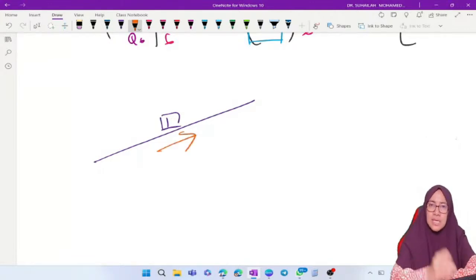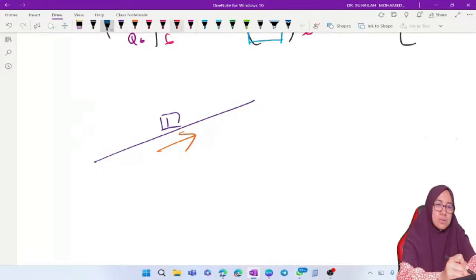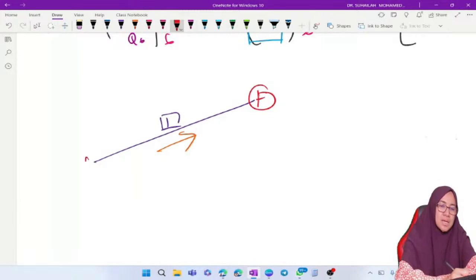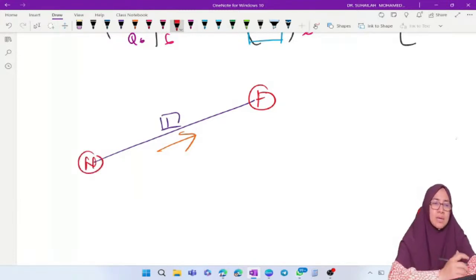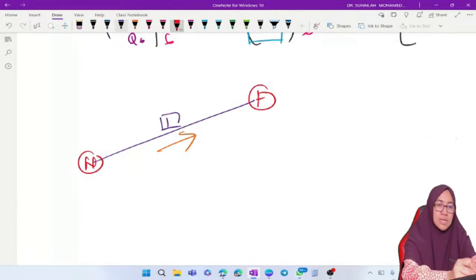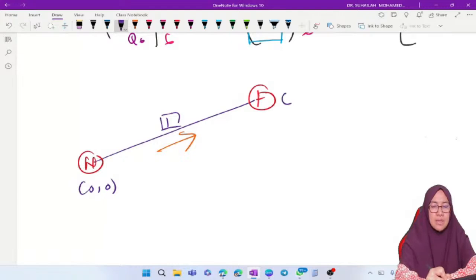So when this is the arrow, this will be the far end and this is the near end. The coordinates are 0, 0 and 5, 3.